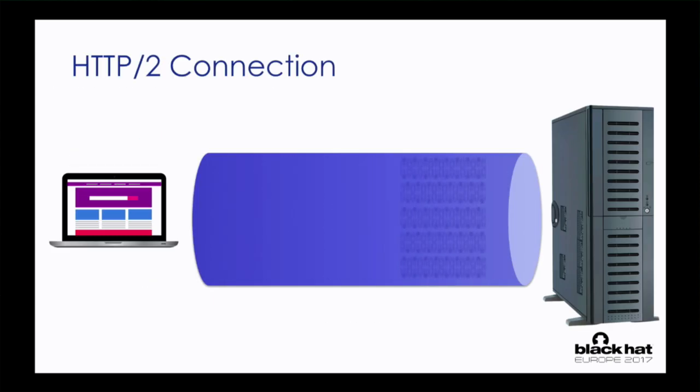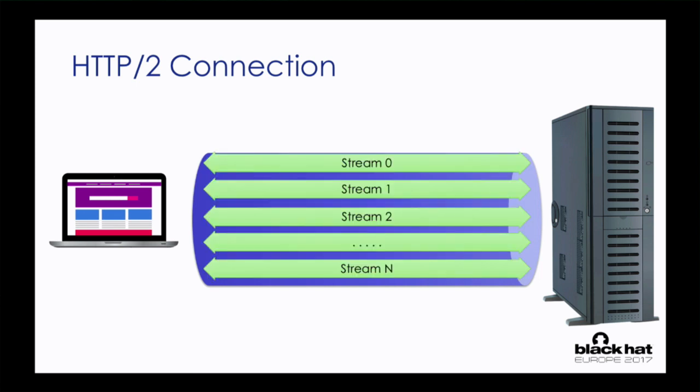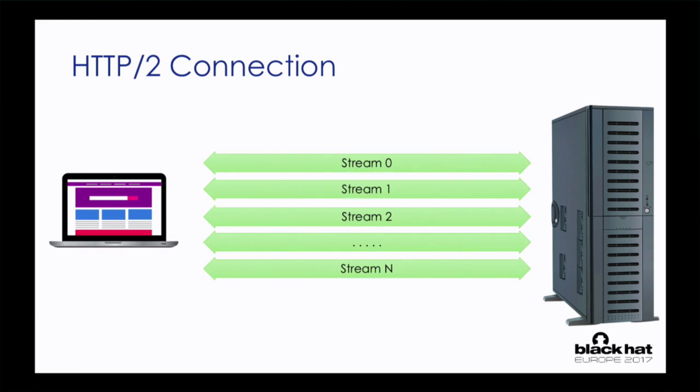Okay, so we have a single TCP connection in which the data flows, and that connection is divided into logical conversations, or we can group it into some kind of conversations called streams. These streams are numbered going from 0 and up, where according to the RFC, even numbered streams are streams that were initiated by the server, and odd numbered streams are initiated by the client.